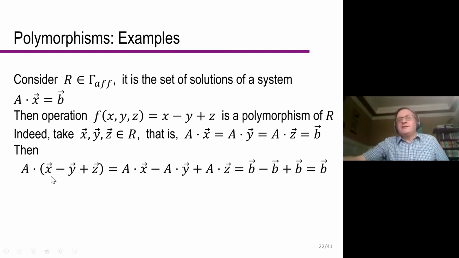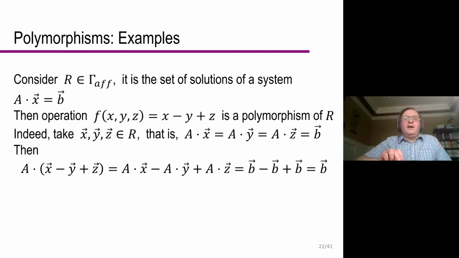It's a linear system, so it's the usual multiplication by a matrix, and it is distributive. I can do it like this: Ax, Ay, Az equal b, and therefore what I get is also b. So x minus y plus z satisfies the system of linear equations, and therefore x minus y plus z is a polymorphism.